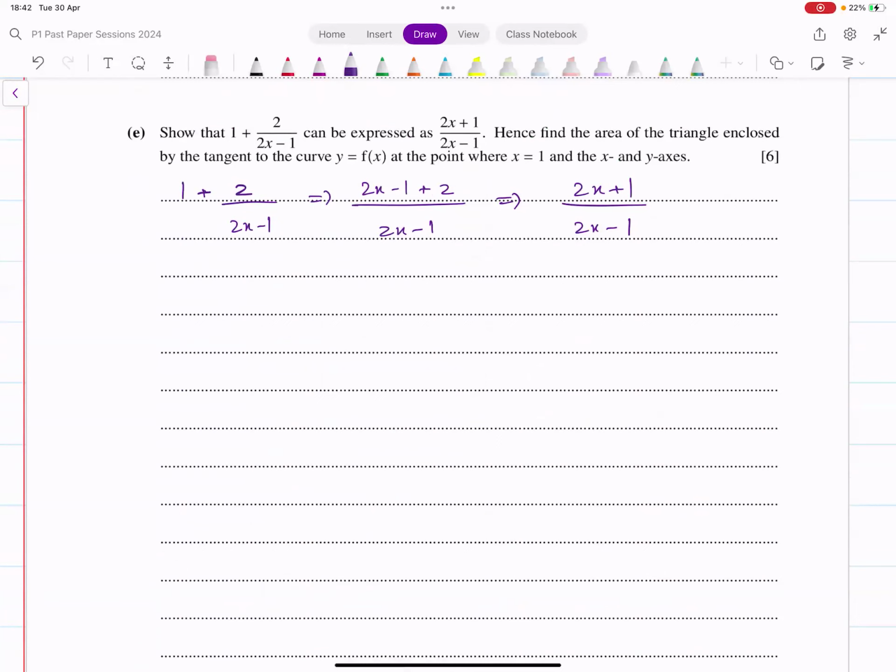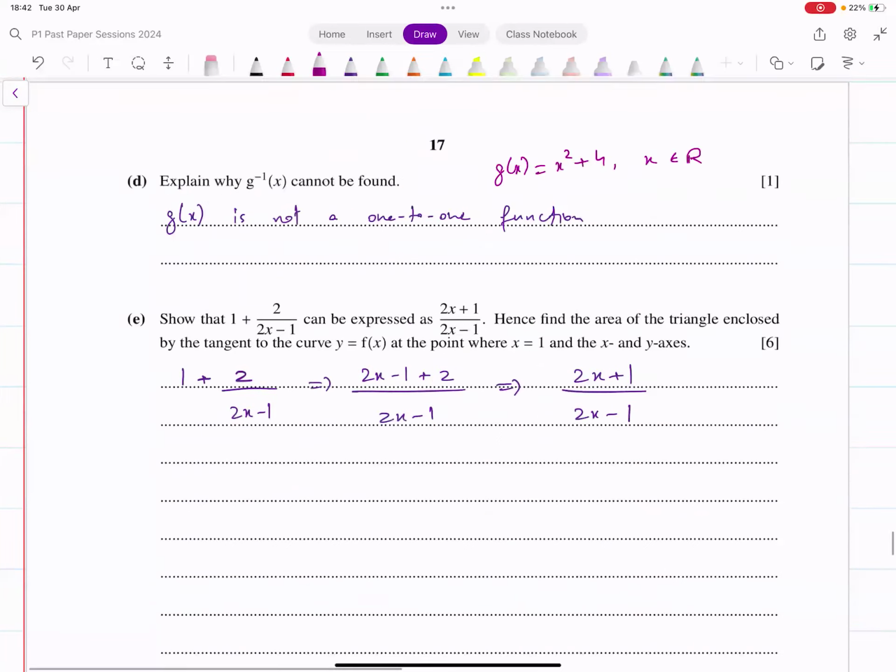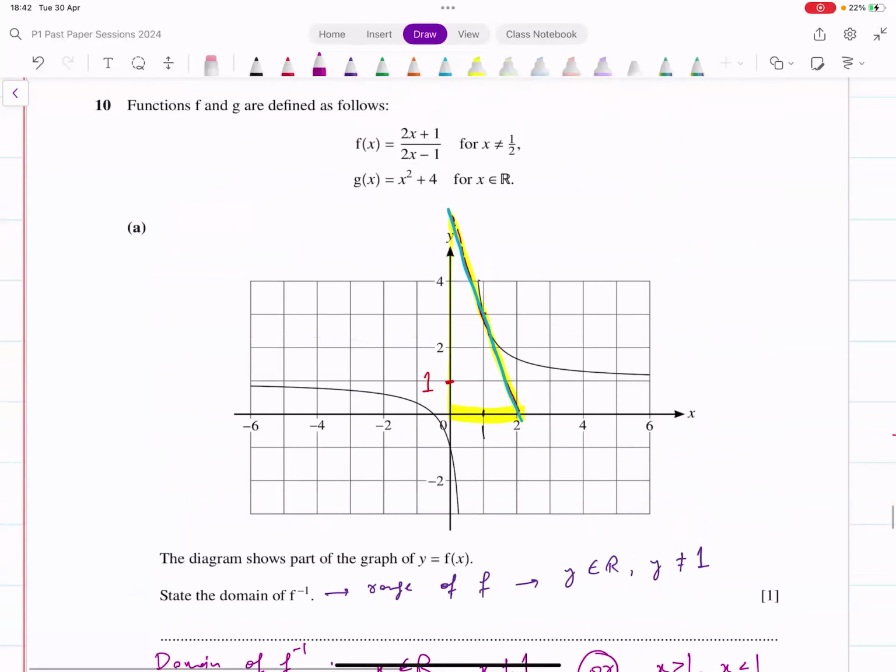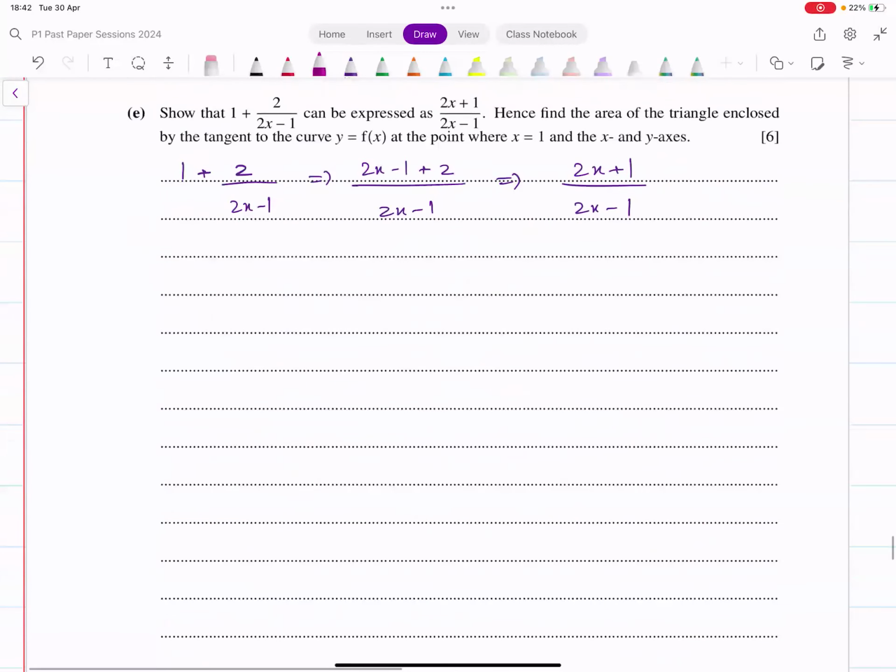How do you find the equation of the tangent? You have the curve given. f of x equals 2x plus 1 over 2x minus 1. They've already told you that this can also be written as 1 plus 2 over 2x minus 1. So you will use this form instead.